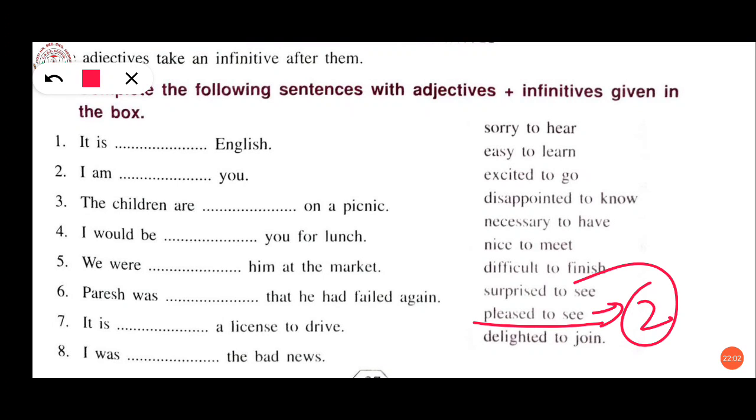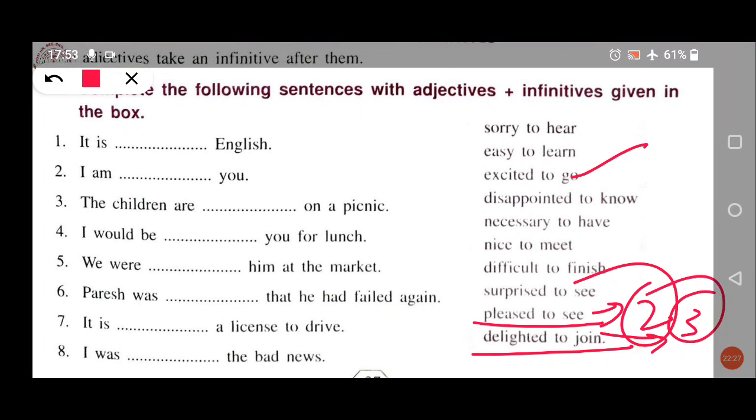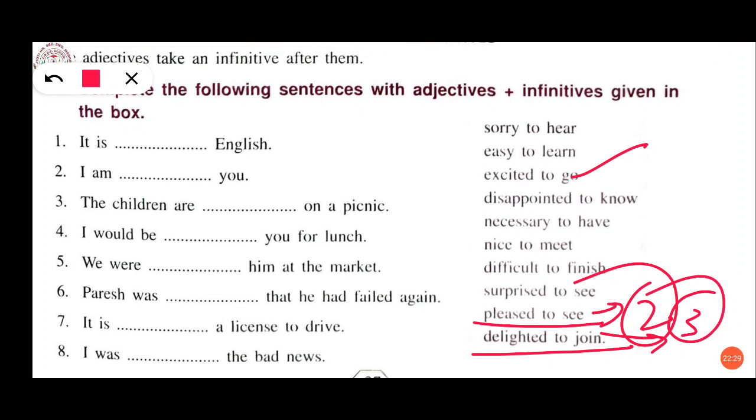Third one, the children are dash on a picnic: the children are excited to go on a picnic. Fourth one, I would be dash you for lunch: I would be delighted to join.